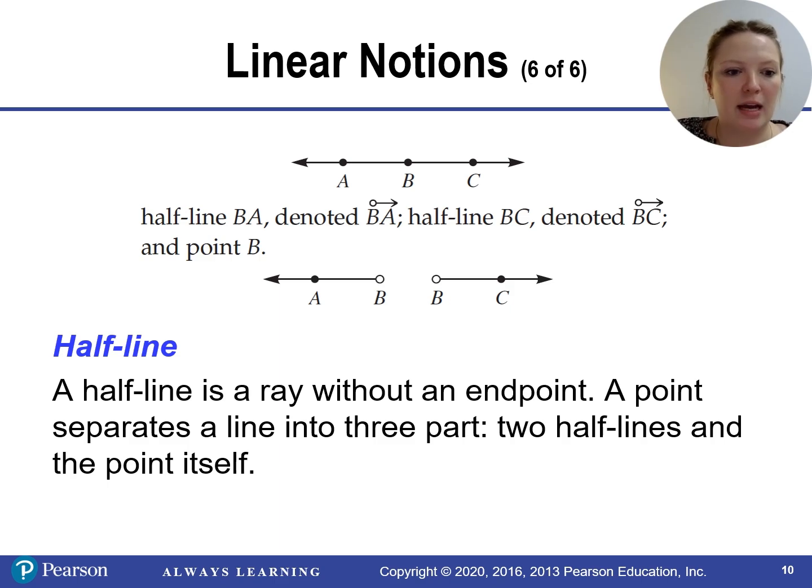So if we look at our picture up here, we have a point B that splits this line into two half lines, BA and BC, and the point itself, B. We could think about the point B being kind of by itself here.